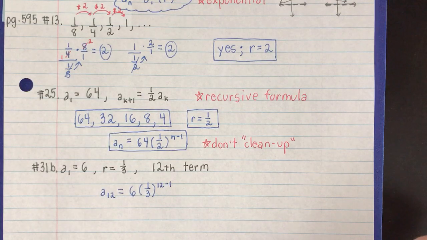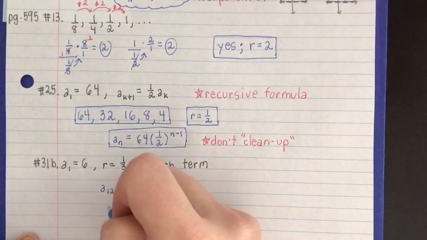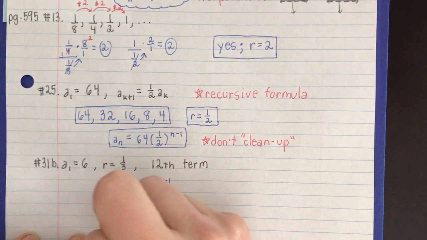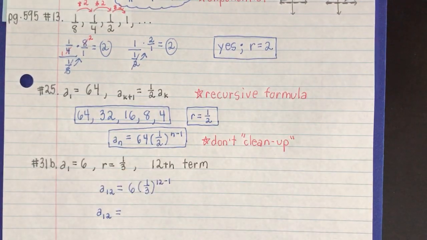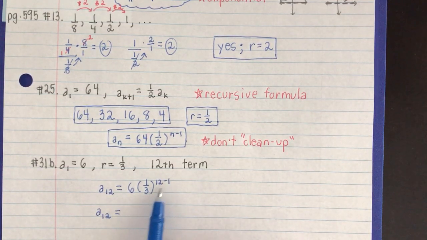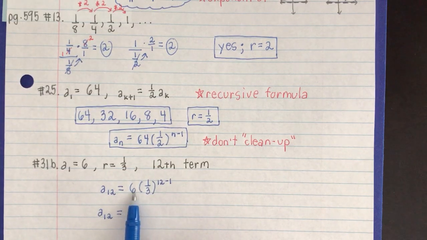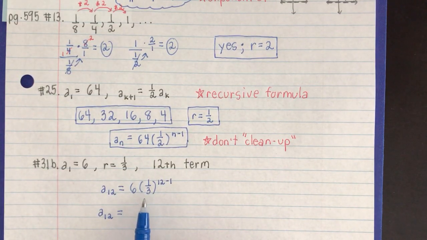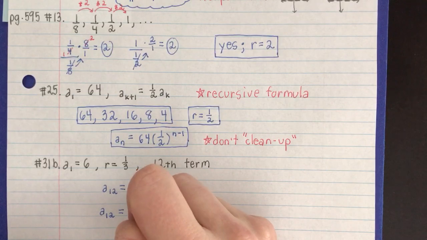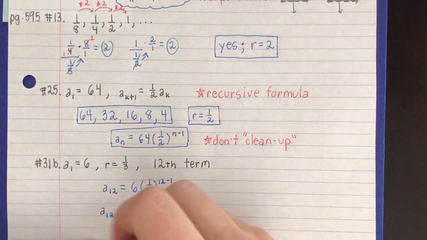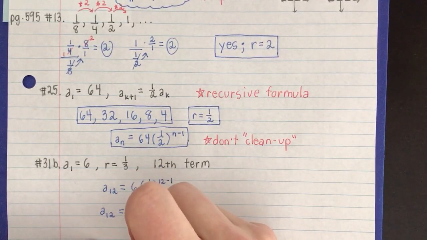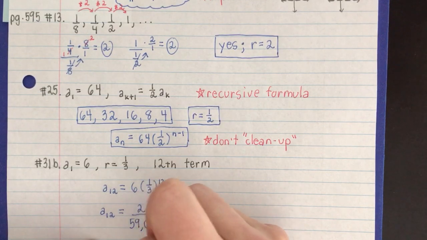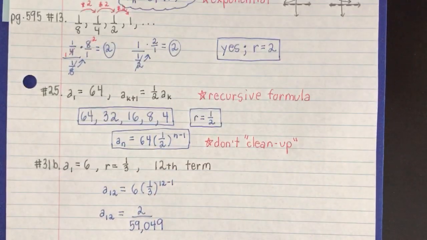Then you would plug this into the calculator. Using that scientific calculator, plug in 1/3 raised to the 11th first. Find out what that value is, multiply it by 6, and you should get this fraction, 2 divided by 59,049.